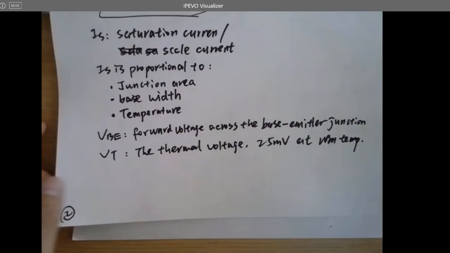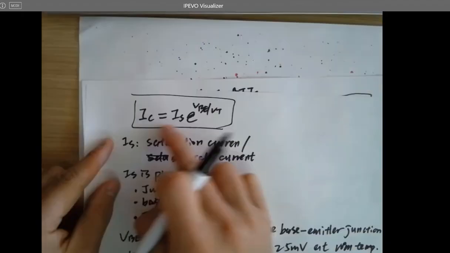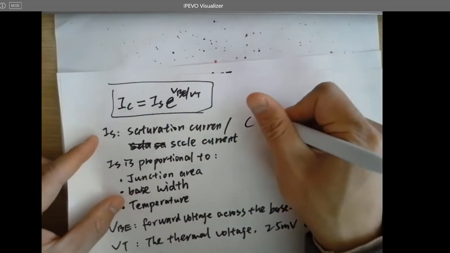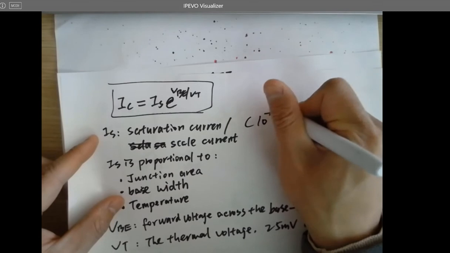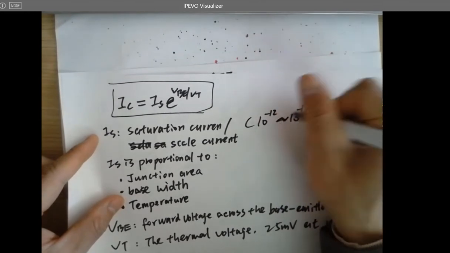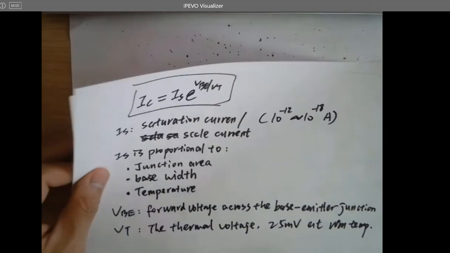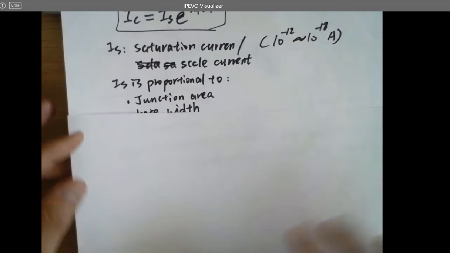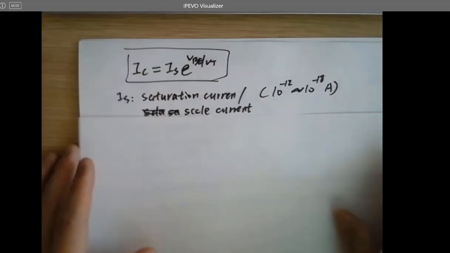And now the equations. So we know IS equals this, okay? And IS is normally in a range of 10 to the minus 12 to 10 to the minus 18 amps. That's a range for IS normally, but it's going to be given, so no problems with it. So given this one, IC, this is from physics, okay?